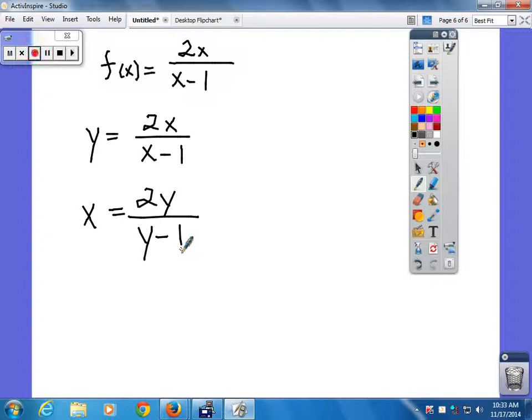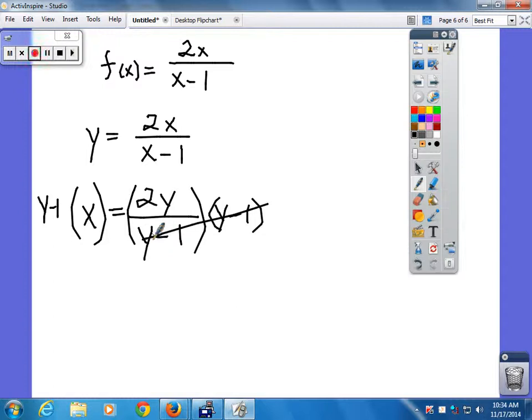So the first thing you're going to have to do is clear the fraction to do anything, because you can't do anything while you have a fraction. So multiply both sides by what? Y minus 1, or y minus 1 over 1. That clears. You got x times y minus 1 is equal to 2y.